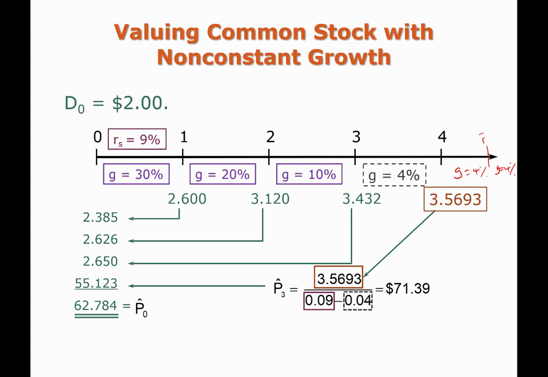So the question we're trying to address here is, what is the value of this stock if we are only talking about 4 years, from the current period, from today to 4 years? Remember, there is rapid growth in dividends, 30%, 20%, and 10%.